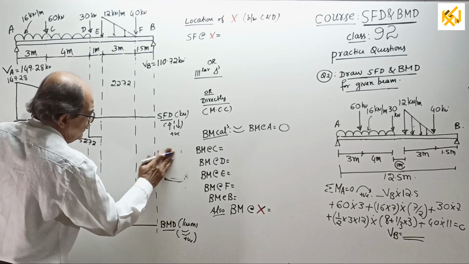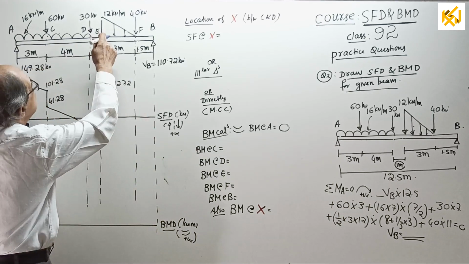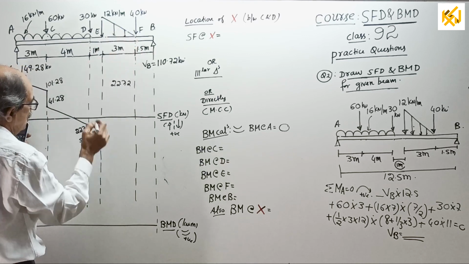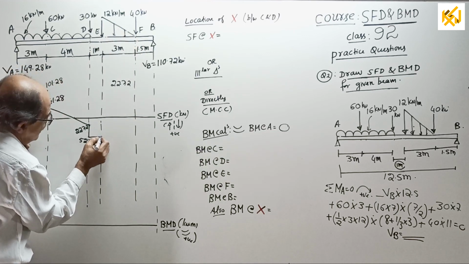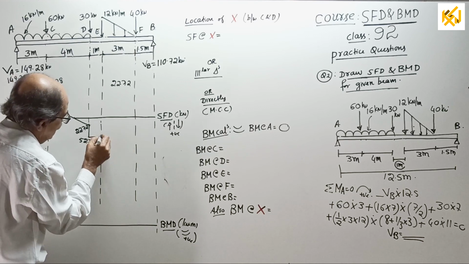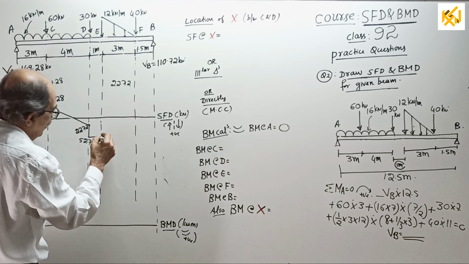But this time, the slope is maximum here and 0 here. So you have to come down not the way you did last time, but this way.